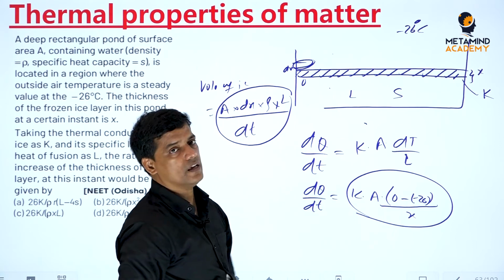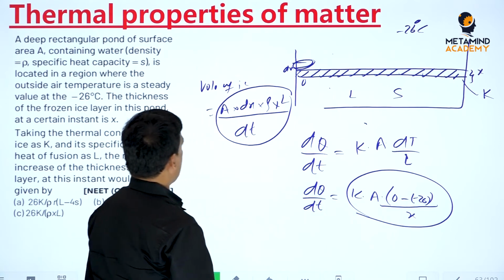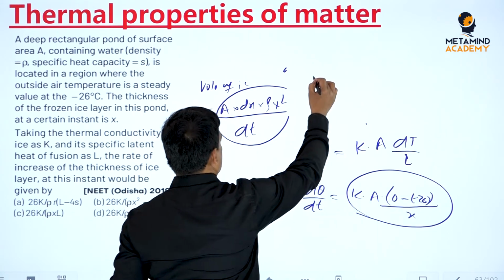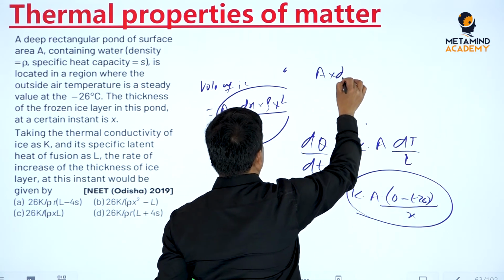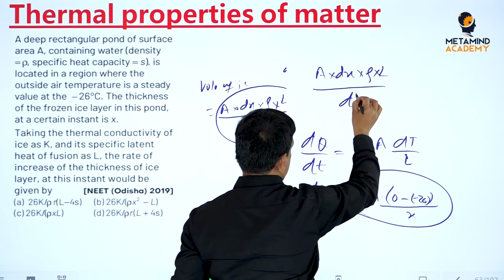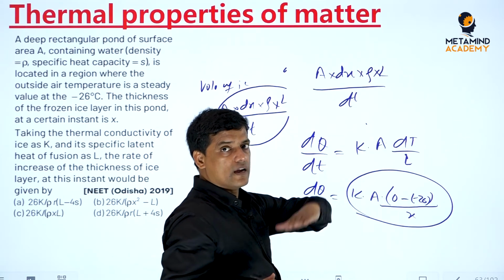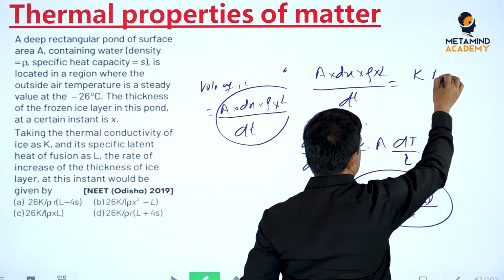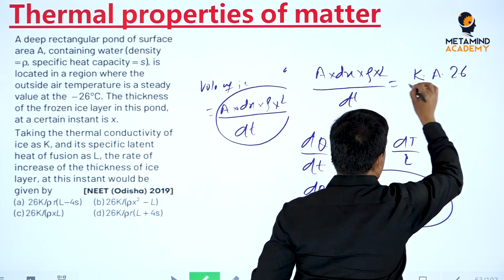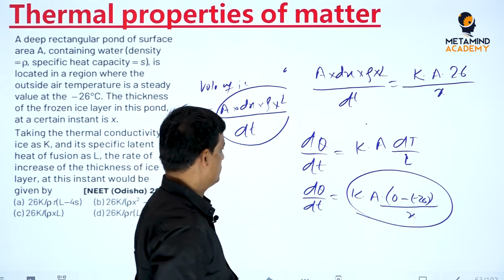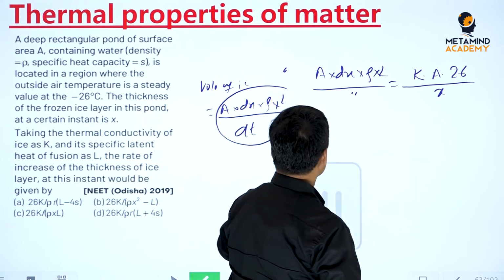So these two have to be equal, right? We will write it down now. It will become A dx rho L by dt. This is the actual dq by dt which is flowing out, which as per the thermal conductivity law should be KA into 26 by x. Right or wrong? Okay. So now you solve it.